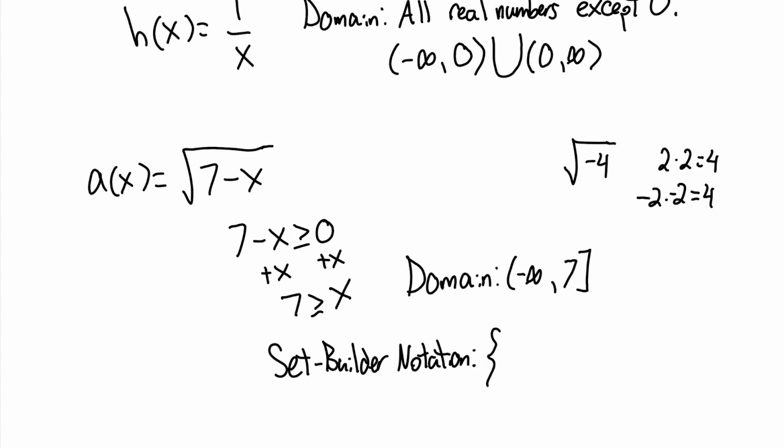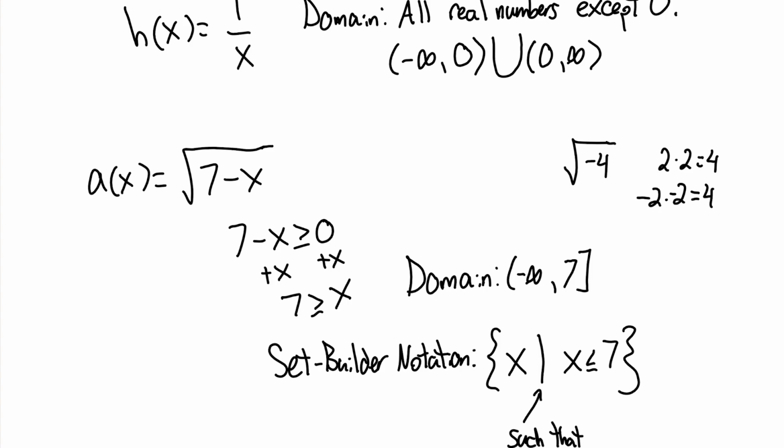So we usually write sets with braces. And the way we write this is that we write that it can be any x such that, so this bar right here means such that. In this case, it would just be x is less than or equal to 7. Okay.